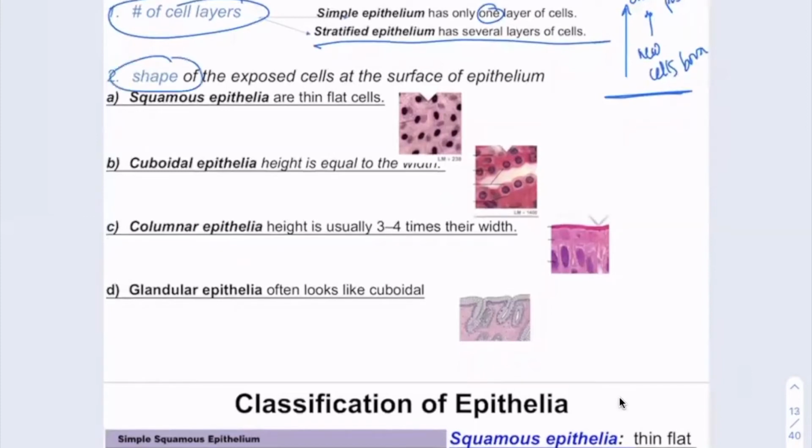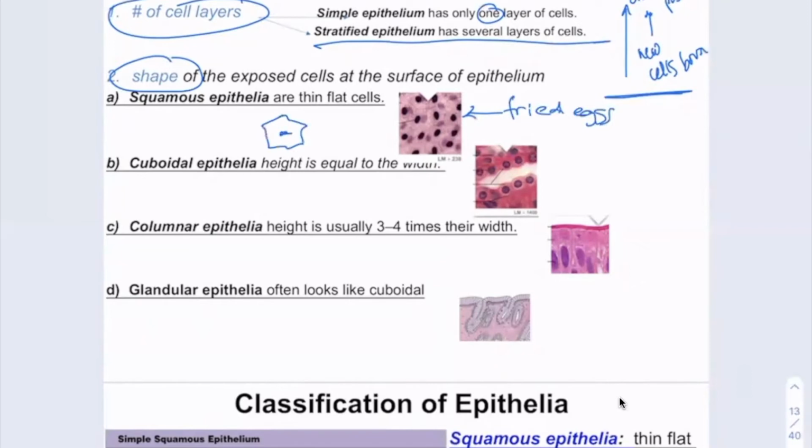So cells are either shaped in what is called a squamous shape. Squamous cells, to me, look like fried eggs, right? But I don't know, could look like something different to you. It's kind of got this shape like that, and then there's a nucleus.